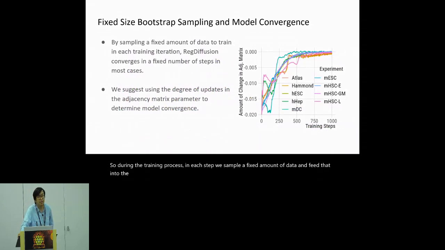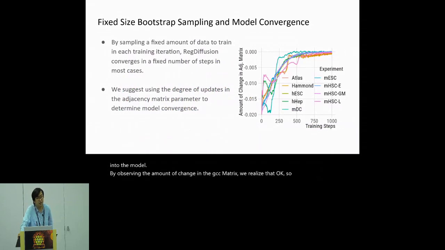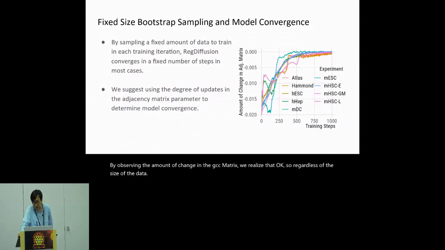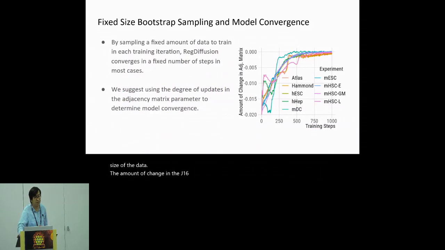By observing the amount of change in the gene regulatory matrix, we realized that regardless of the size of the data, the amount of change in the matrix throughout the training process will always follow a similar pattern. So we conclude that with this set of hyperparameters, our model will always converge roughly after 1,000 steps.